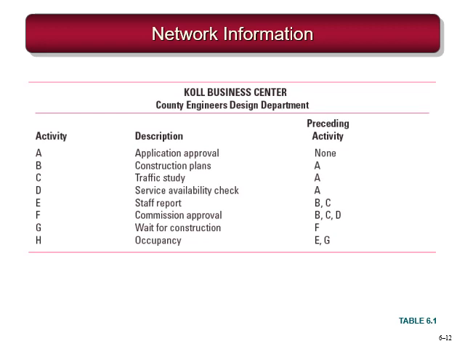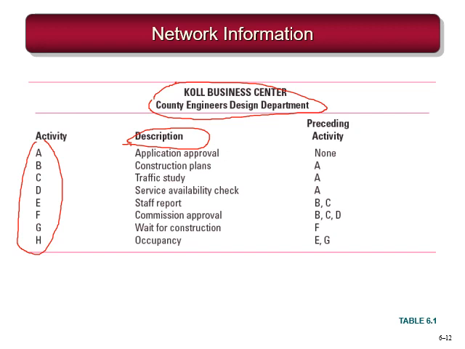Now, this is the way you usually write network information. So this is a hypothetical project, a coal business center, a county engineering design department, they are doing this. Okay, so these are the activities here on the left hand side. This is the description here, and over here are the preceding activities, that's where we write the relation.